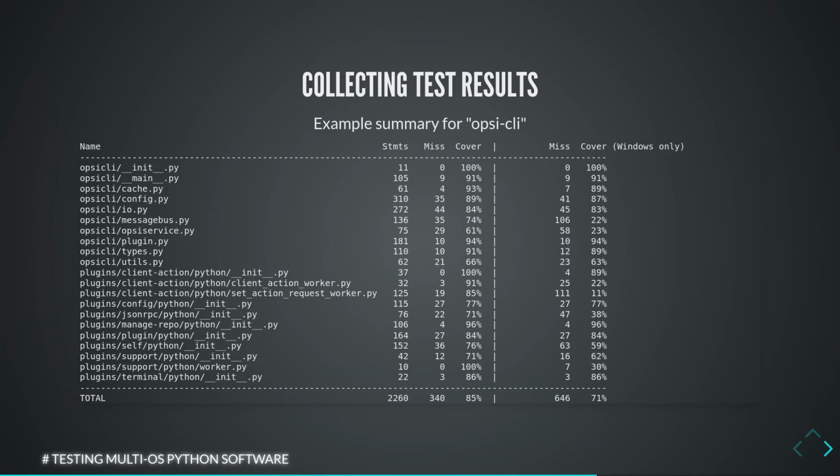And you get how many of these are missed by the test, and then it computes the overall coverage. So in the final line, there's this summary of the summary. You get the total number of statements, the ones that have been missed, and the coverage, which is here 85%.